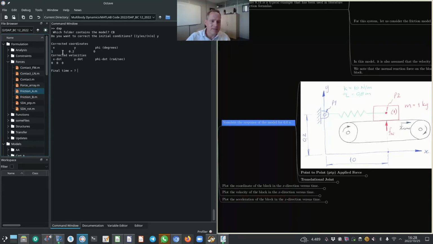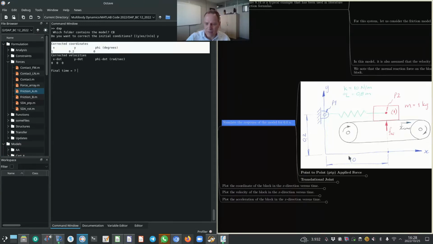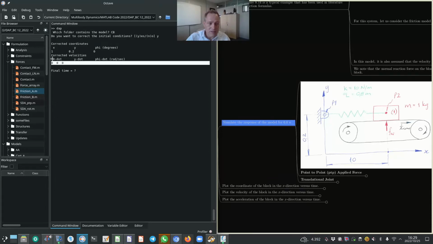Here you can see our corrected coordinates are as we've specified: X is 1, Y is 0,2, and the angle of body 1 is 0. The corrected velocities for body 1 are also 0 in the X, 0 in the Y, and 0 angular velocity. Now we need to enter the final time, which is 6 seconds.